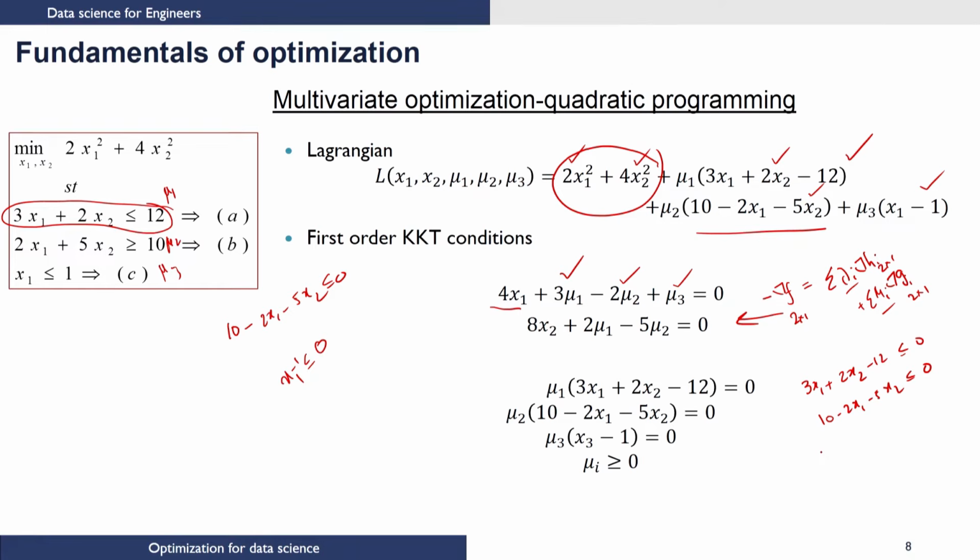So, going back to the complementary slackness condition, we saw that we will have mu times g is 0. So, this is corresponding to the first inequality constraint, this is corresponding to the second inequality constraint, and this is corresponding to the third inequality constraint, and we also have to have mu i greater than or equal to 0. So, all of these conditions have to be satisfied for an optimum point.